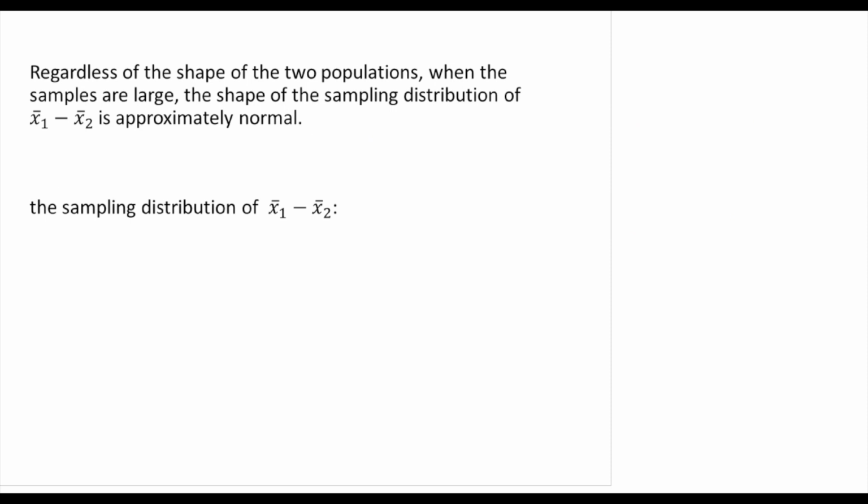Regardless of the shape of the two populations, when the sample sizes are large, the shape of the sampling distribution of the difference of the sample means would be approximately normal. So in this case, it would be approximately normal.